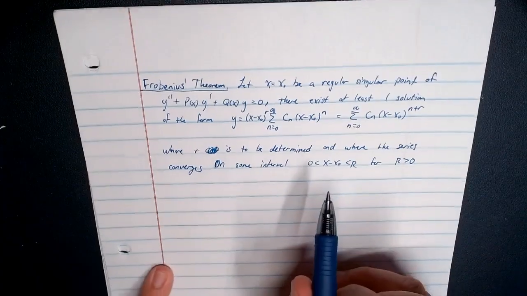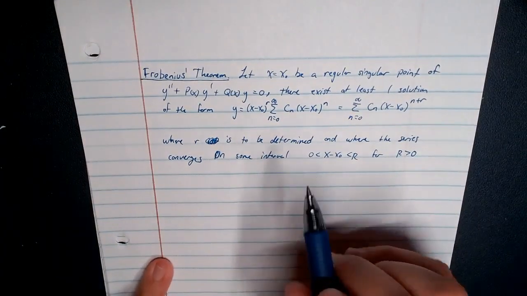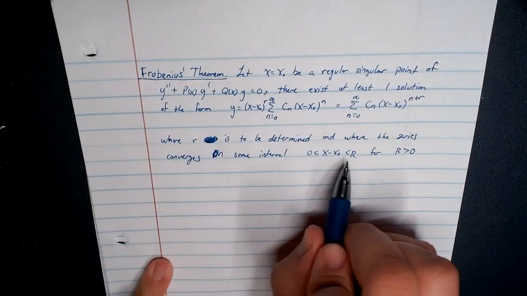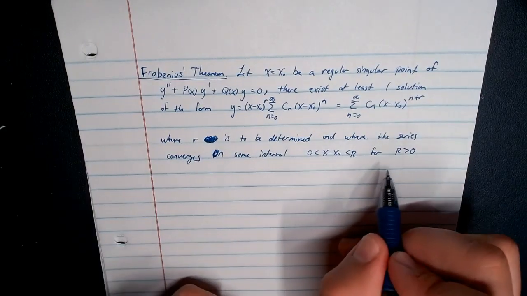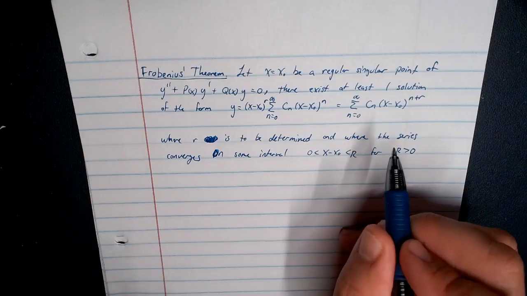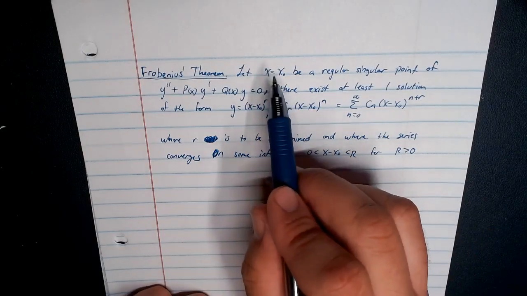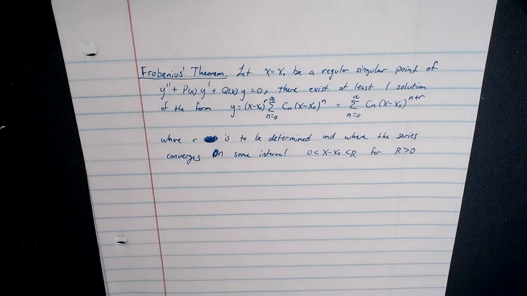In other words, you'll have a positive radius of convergence. Your textbook goes out of their way to write this in the form of an interval, but really all they mean is you have a positive interval of convergence. You're guaranteed you're going to converge around some point other than just your center. It'll converge for at least some small interval.